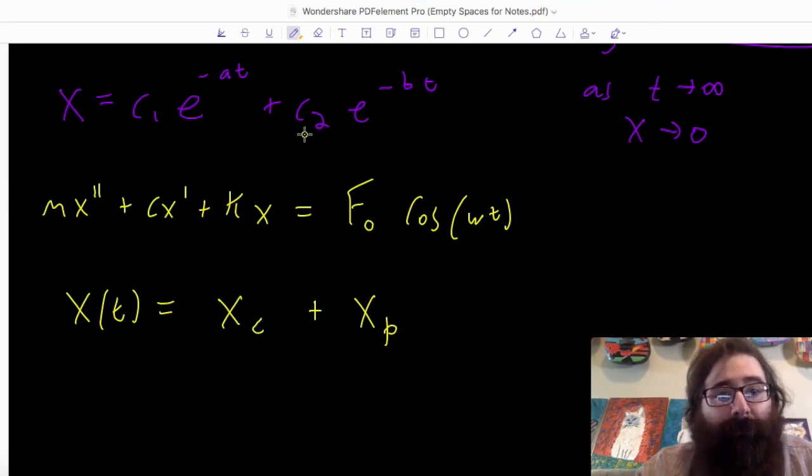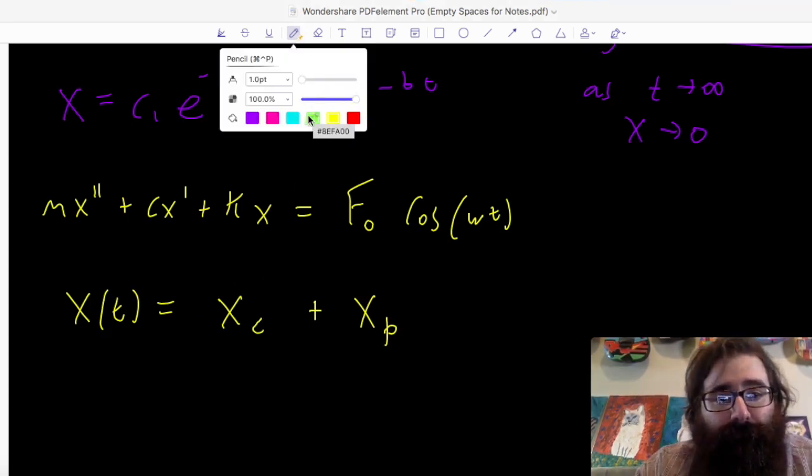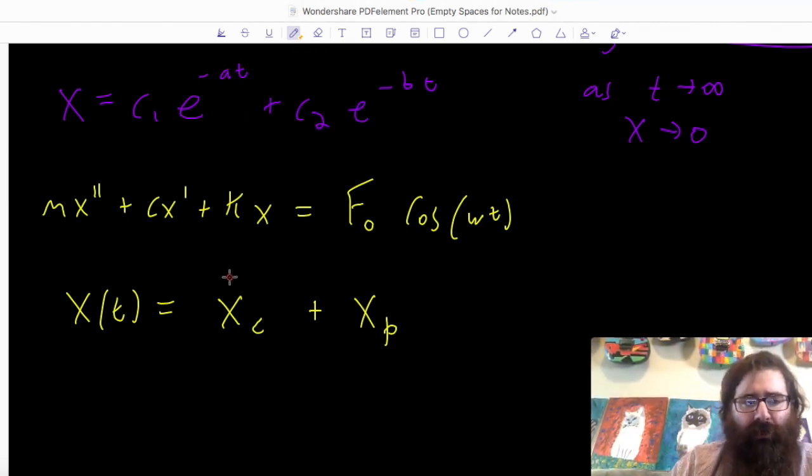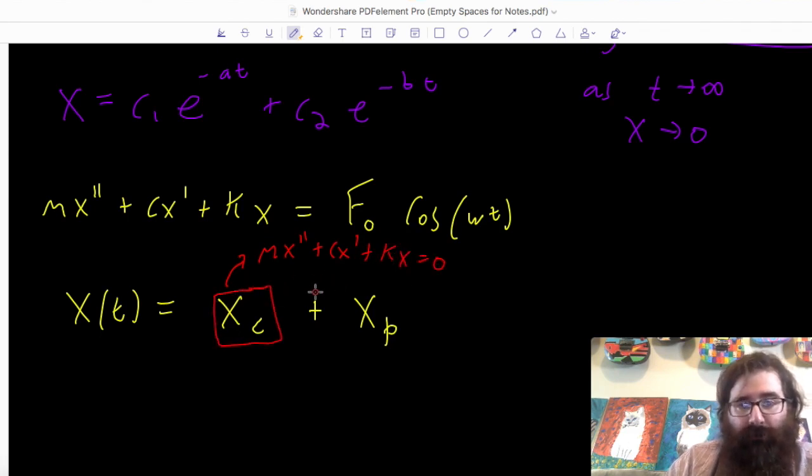And remember, this complementary solution, let's give red a shot here, is the solution to the homogeneous variant. So same differential equation, but set equal to 0. And that's this complementary solution.